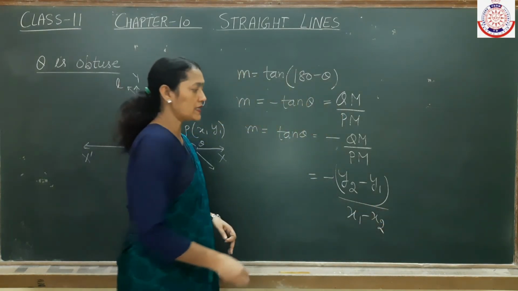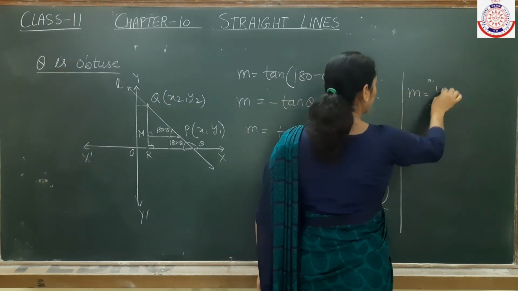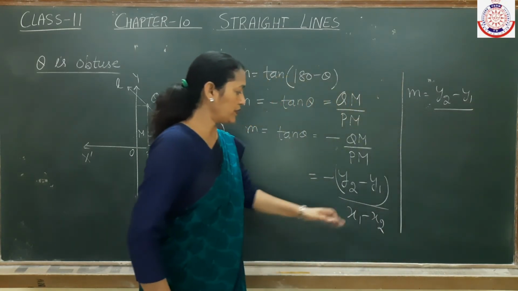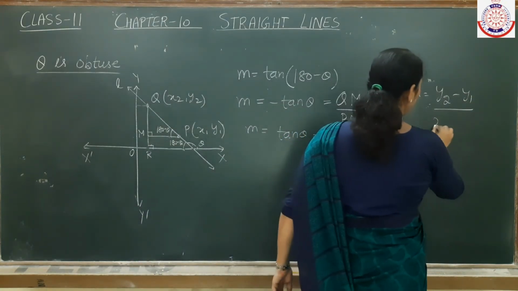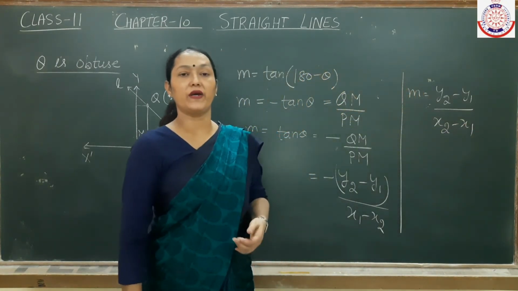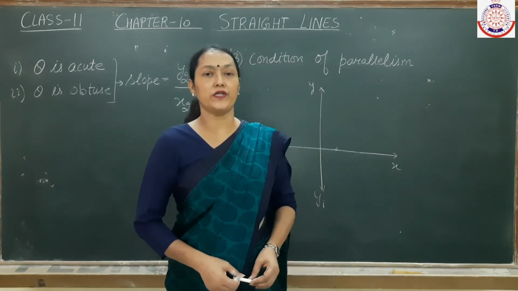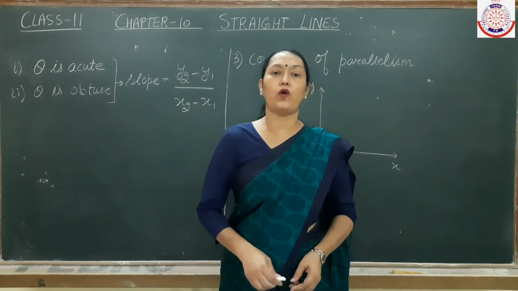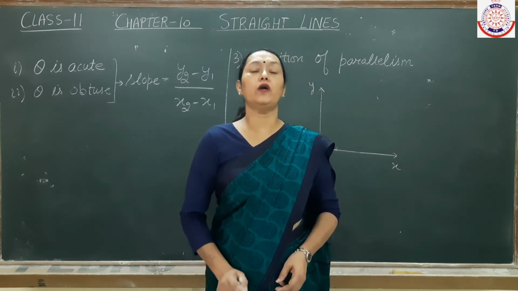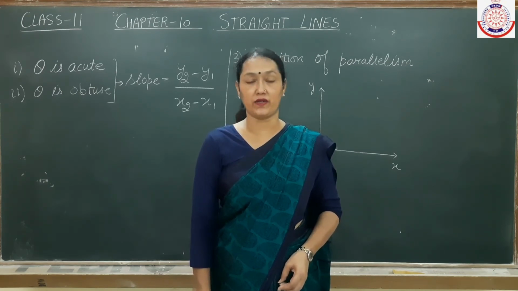Because of this minus, it will become y2 minus y1, and this minus will go here, interchanging the positions of x2 and x1. So slope will come out to be y2 minus y1 upon x2 minus x1. So what is the conclusion? Whether theta is acute or theta is obtuse, in both cases the slope of the line will be y2 minus y1 upon x2 minus x1.